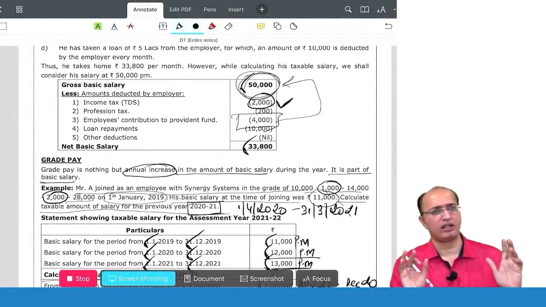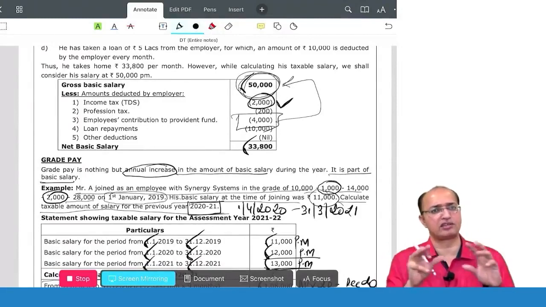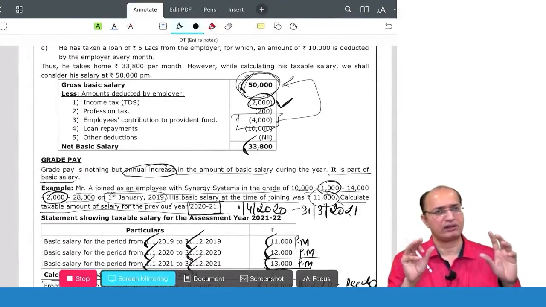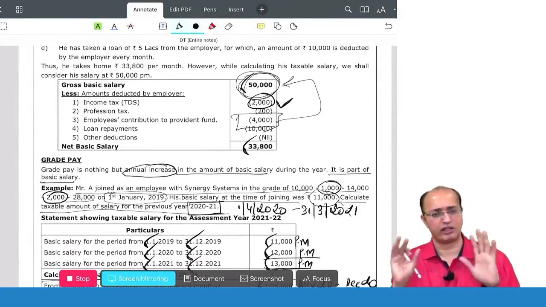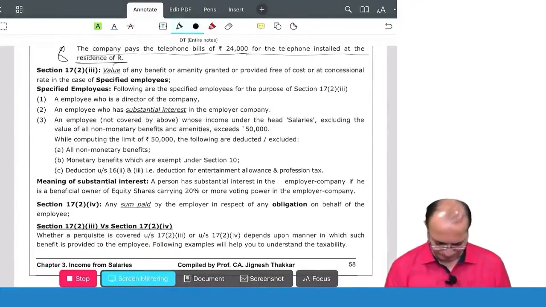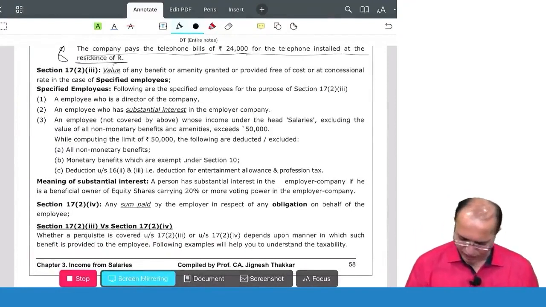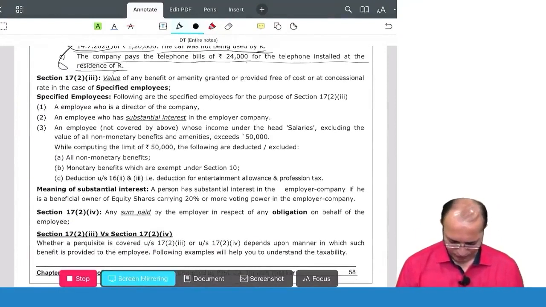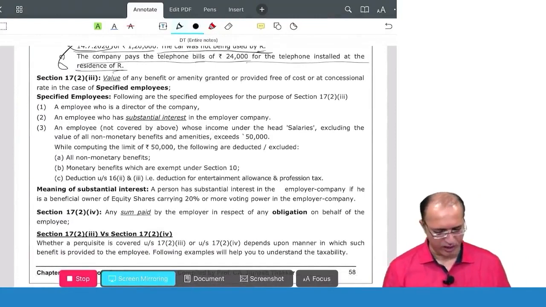So we'll have a comparative discussion of the two sections, 17(2)(iii) and 17(2)(iv). We are on page number 58 of your book.